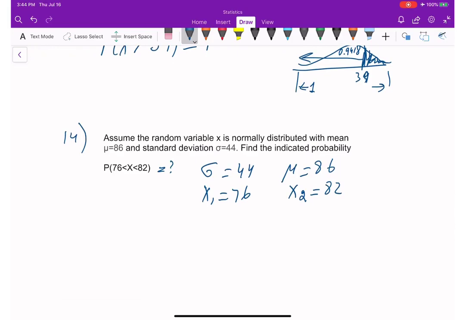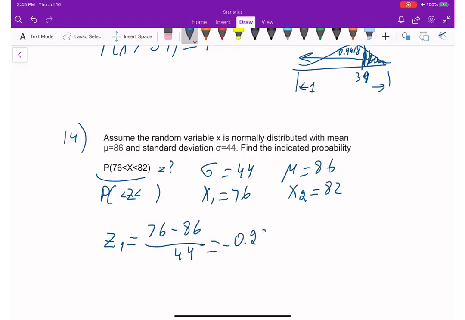To find the probability for x, we need to transfer to the probability of the z-score, right? So we'll find our z-score and plug it here, because we need to transfer x to z-score, since only the z-score has access to the table. So z1 is equal to 76 minus mu 86 over sigma, which is 44. That will be negative 0.23.